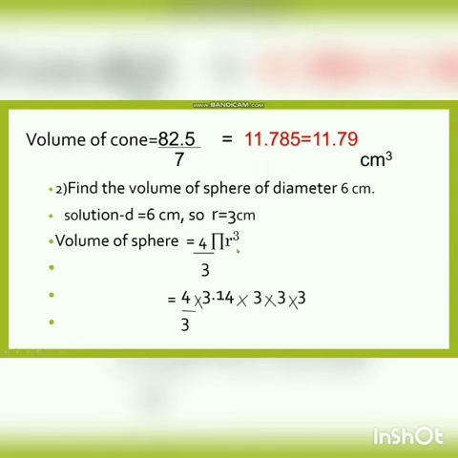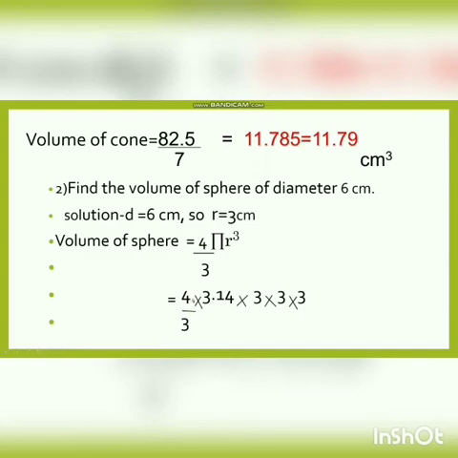Put the value of r, radius of this sphere, which is given 3 centimeter, and put the value of pi again. In next step, volume of sphere is equal to 4 upon 3 into, I put the value of pi 3.14 into the value of r, 3 into 3 into 3, which is the cube of r.